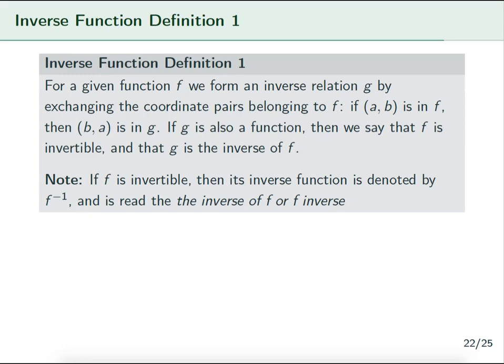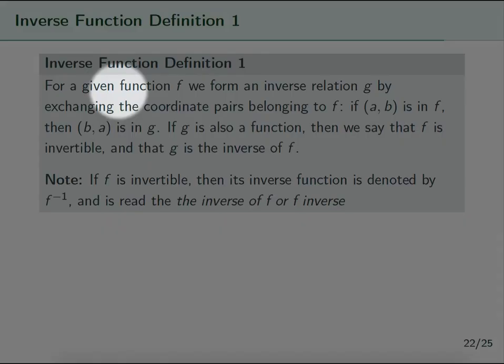So we have two definitions, and both are equally important when we're trying to understand the idea of inverse function. So first is that for a given function f, we form an inverse relation. Let's call it g, another function.